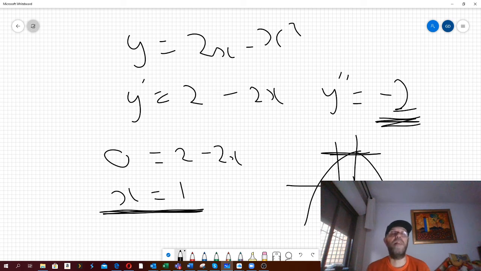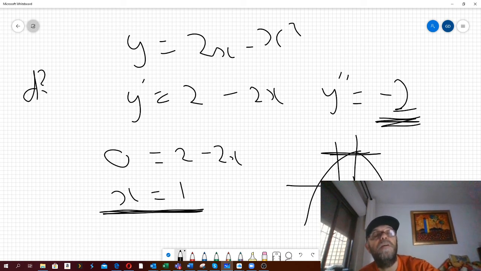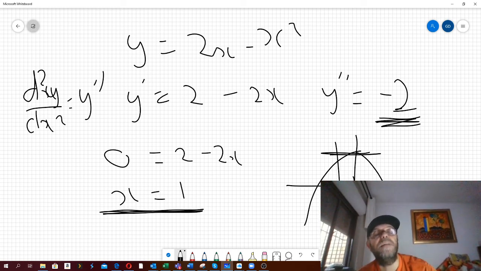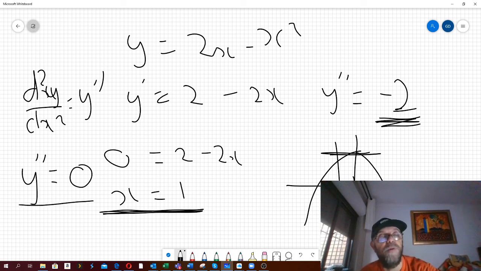Now, just one other last point: there might come one or two questions where, when you do the second derivative, d2y over dx squared, or y double prime, these are all terms for the second derivative, you might end up finding that the second derivative is neither negative nor positive but comes out 0.